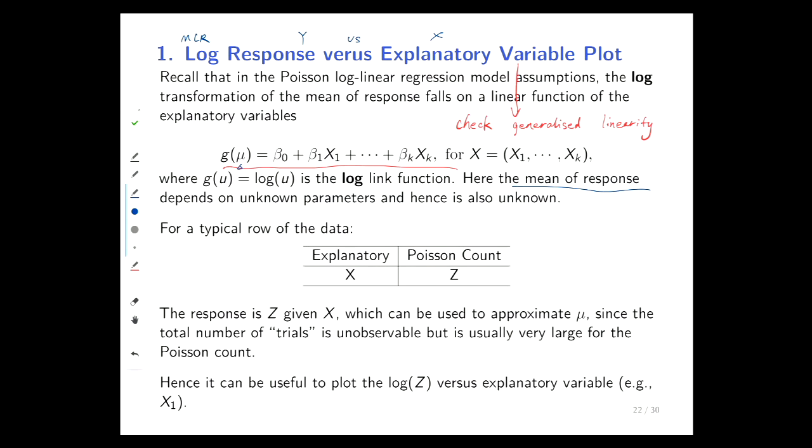So we need to find some way to approximate this mu in order to check this assumption. What we do here is use z to approximate mu given x.